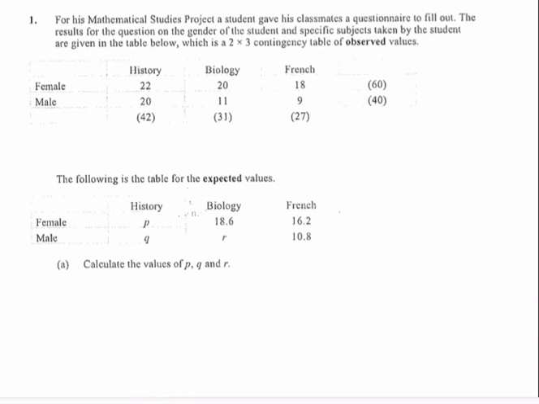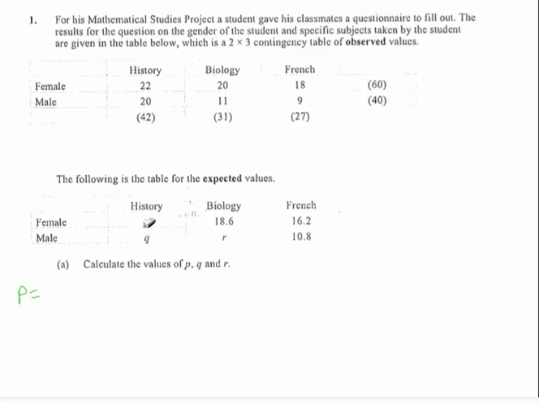In this example, for a math studies project, a student gave his classmates a questionnaire. These are the results, in a 2 by 3 contingency table of observed values. Firstly, we're going to calculate the expected values of P, Q, and R. For P, we have P in this position right here.